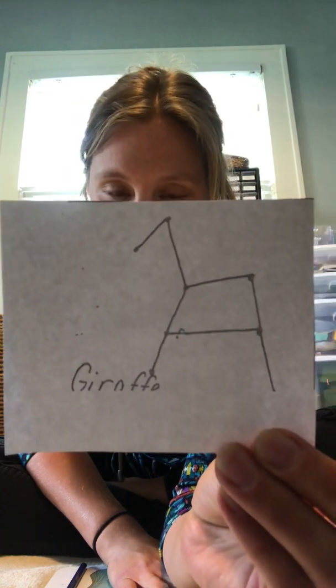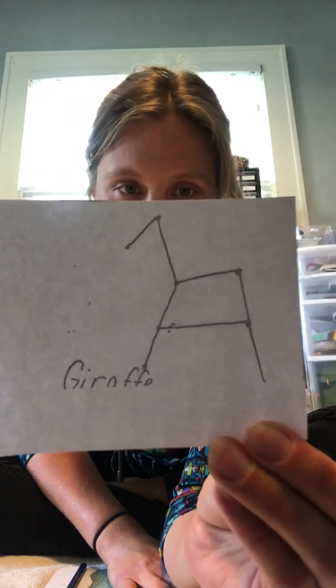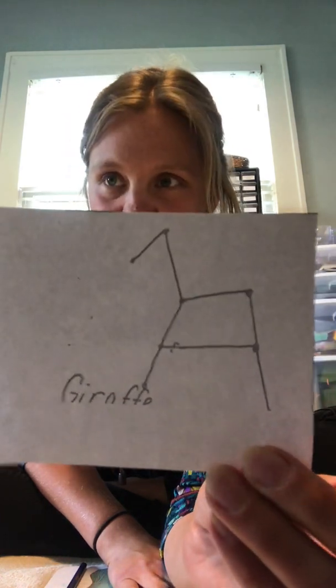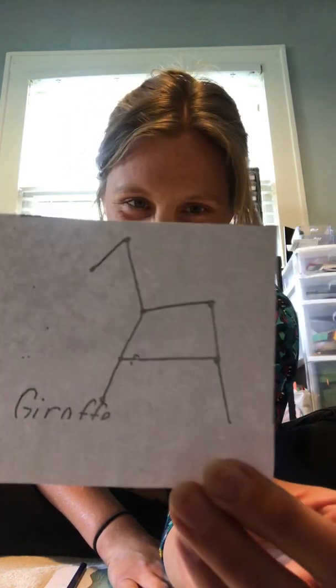Maybe you have a place that you can go where there are not as many lights, and then you can try to find the giraffe, because it's harder to see. It's not as bright. Let's go ahead and color in our stars and connect them to make the giraffe constellation.